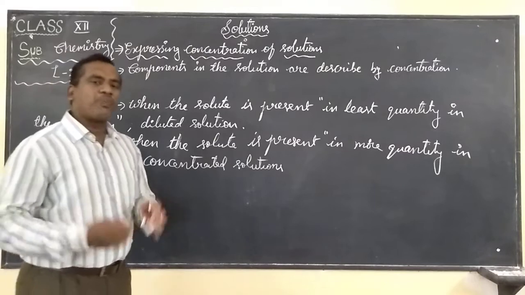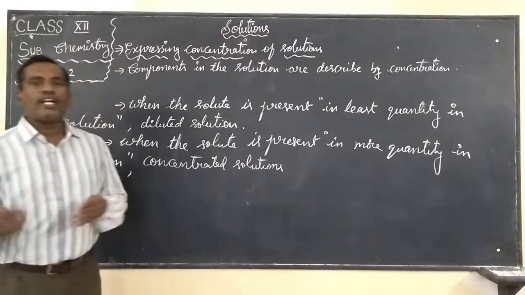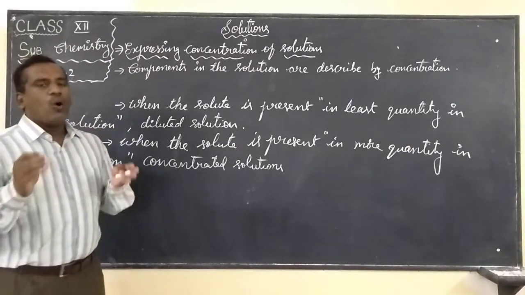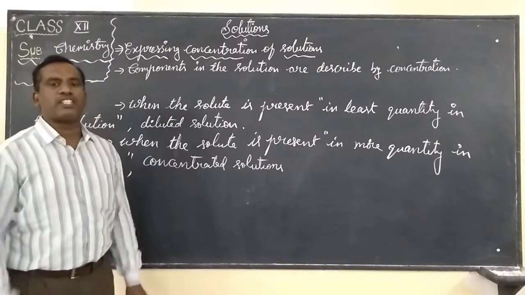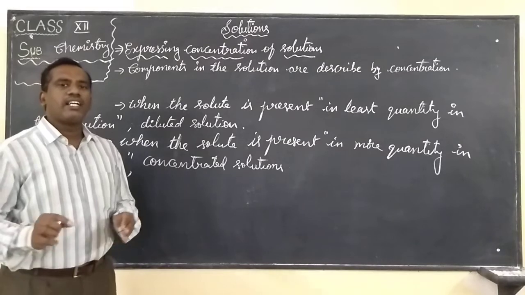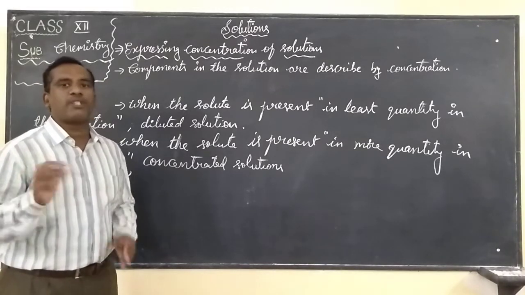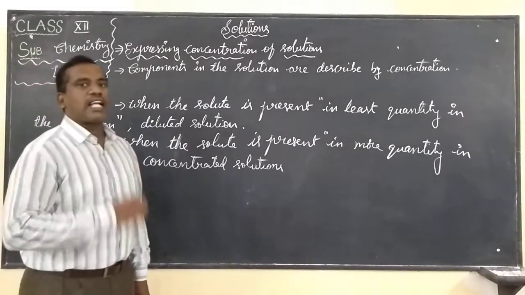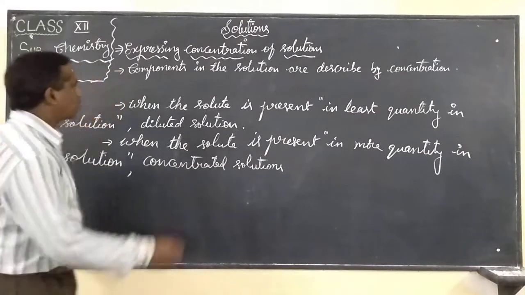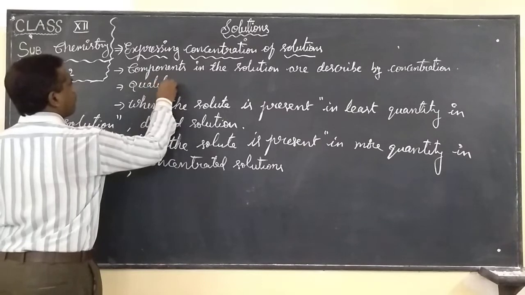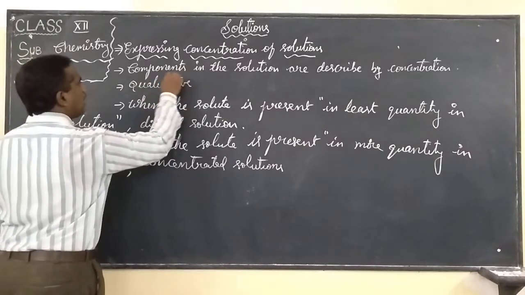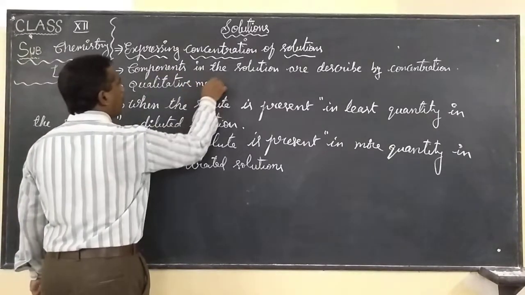But to say diluted or concentrated, we are not giving exactly how much amount is present. We are saying it is present, but how much it is present we are not giving. This kind of method is called the qualitative method.